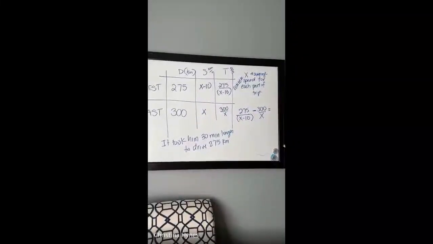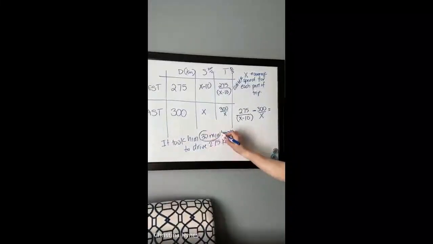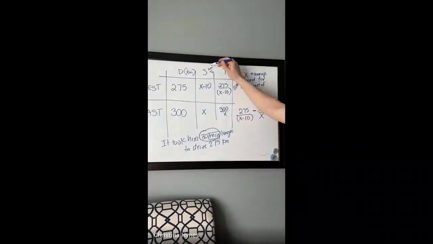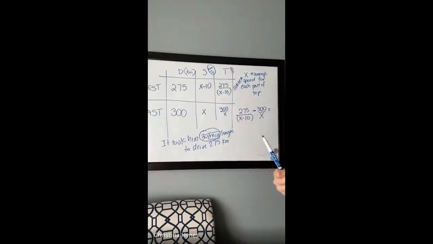But there's an issue here. 30 minutes is not what should go here. The reason being, this is in minutes, but our speed is in kilometers per hour. You need to make sure the units all make sense, that they all correlate to each other. So if this is in kilometers per hour, we need to convert 30 minutes to hours.